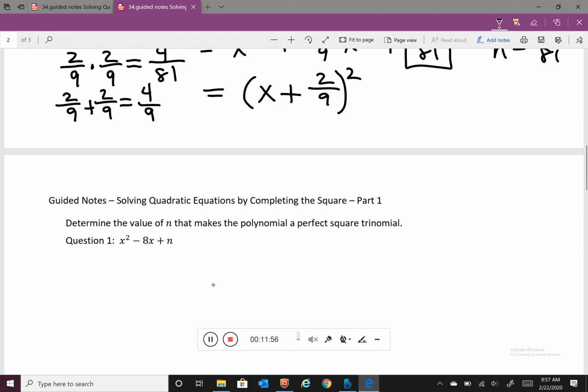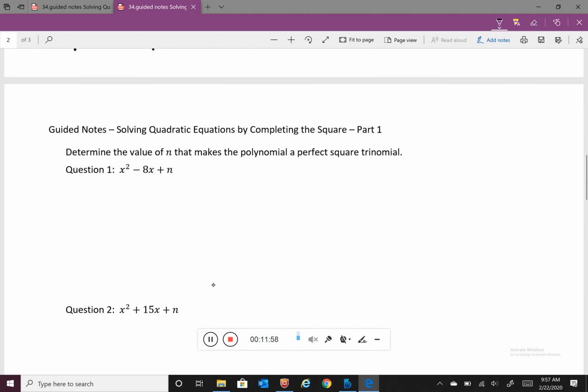Your first questions. You're going to determine the value of n that makes the polynomial a perfect square trinomial. So you are trying to figure out how to factor this so that it will create a quantity times itself. And remember, the key is looking at that number and paying attention also to the operation in front of it.